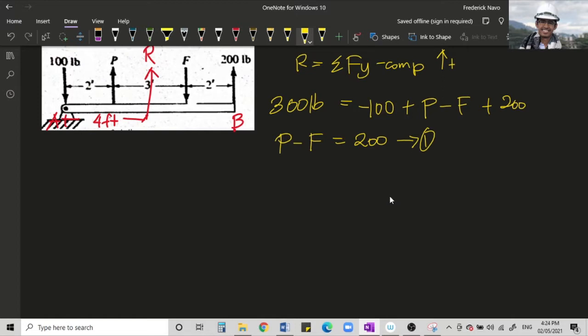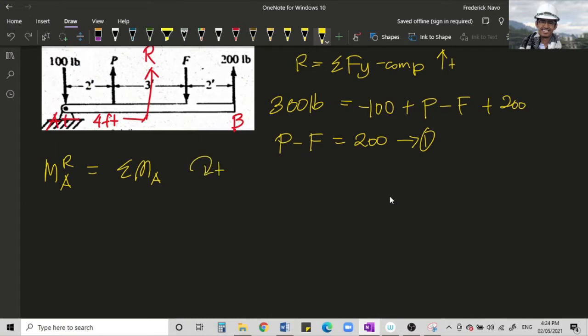So that will be yung moment ng resultant R about point A. Okay, is equal siya sa summation moment ng ating forces at point A. Okay, so i-indicate natin na clockwise will be positive.